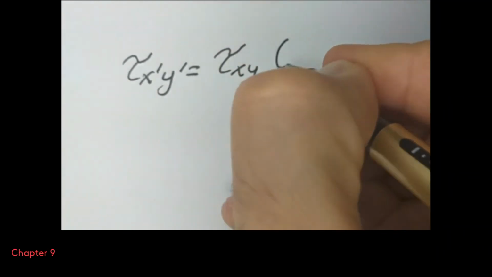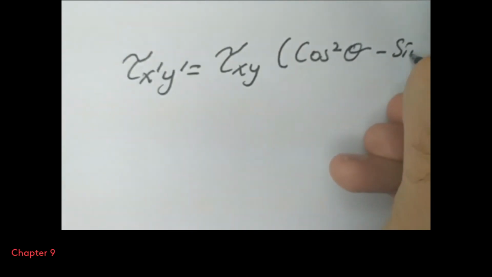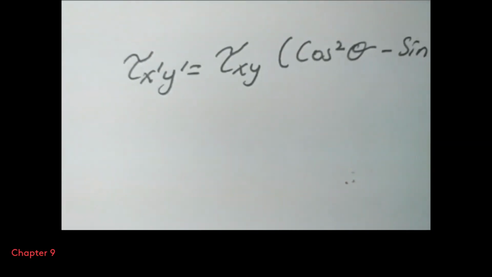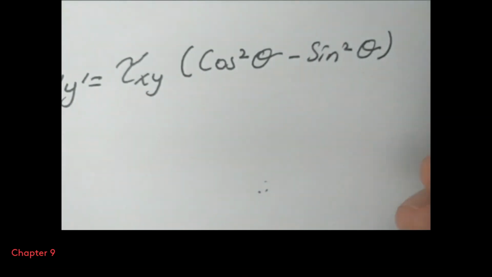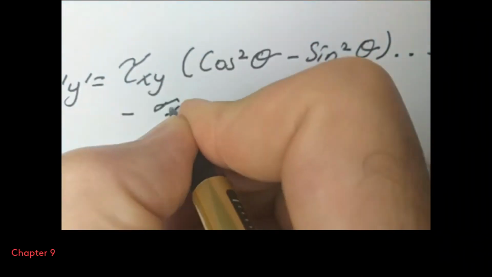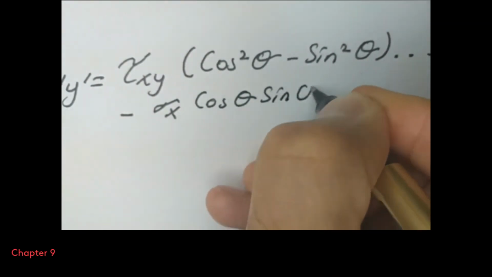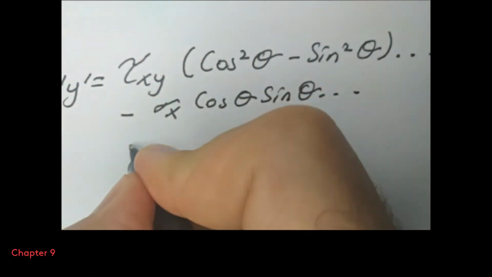So tau x prime y prime is equal to tau xy multiplied by cosine square theta minus sine square theta minus sigma x cosine theta sine theta plus sigma y cosine theta sine theta.